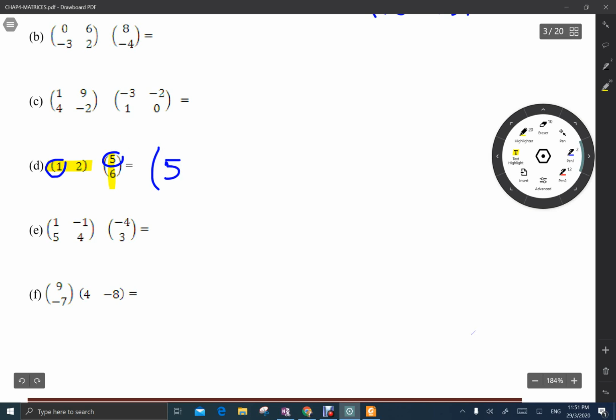This time kena plus ke tak payah plus? Kita kena plus. Kenapa kena plus? Sebab 1 dengan 2 ini duduk dalam row yang sama. Okay. So, 2 times dengan 6 is 12. So, apa the final answer? 17.